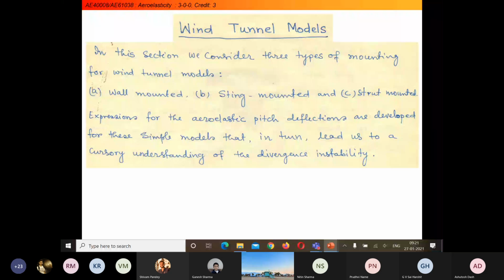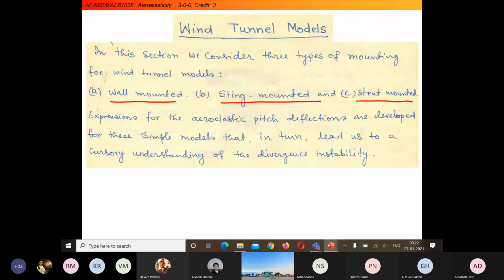If you look at here, we can have three different types of models in the wind tunnel. One we call the wall mounted model, then we can have the sting mounted model, and then the strut mounted model. Let me come to the individual models one by one so that you can get an idea about how we can do aeroelastic testing in the wind tunnel, and then get some idea about the divergence or response of the system.